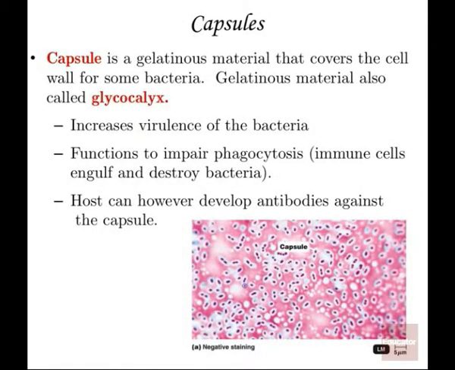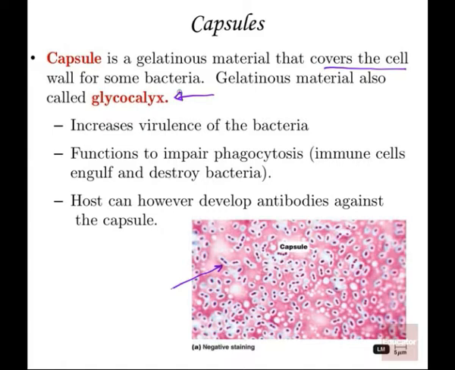So the capsules, you can see with this picture, these white capsules are actually surrounding a diplococcus, and the capsules are composed of gelatin. It's a gelatinous material that covers the cell wall of some bacteria, and sometimes these capsules, so to speak, are composed of or can be called glycocalyx.